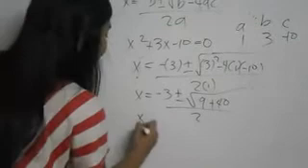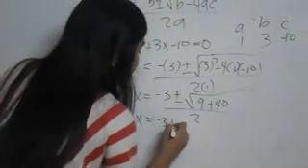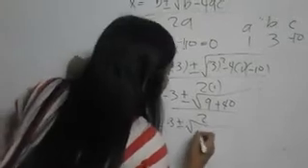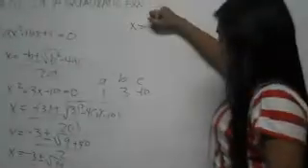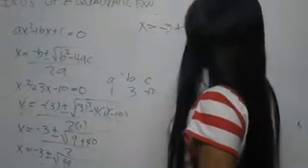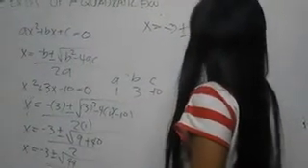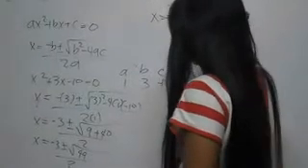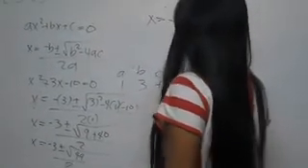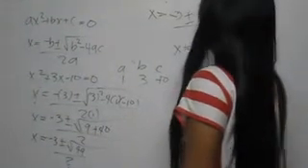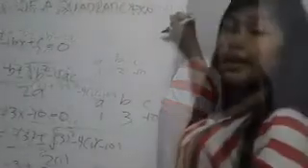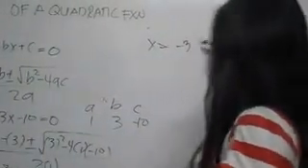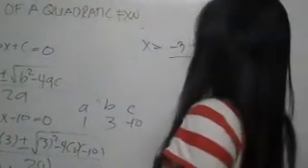Then x is equal to negative 3 plus or minus the square root of 49, all over 2. Then x is equal to negative 3 plus or minus 7, all over 2.